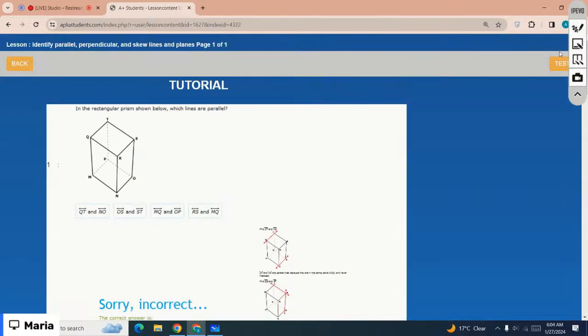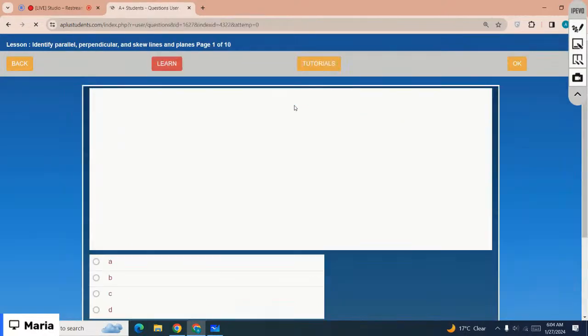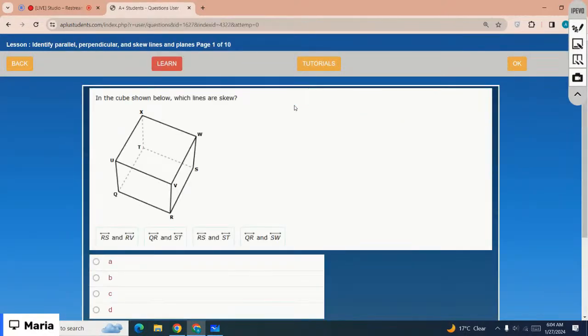Let's start with the test questions. In the cube shown below, which lines are skew? So which is the correct option? Skew lines are the lines that are not parallel and do not intersect, right?